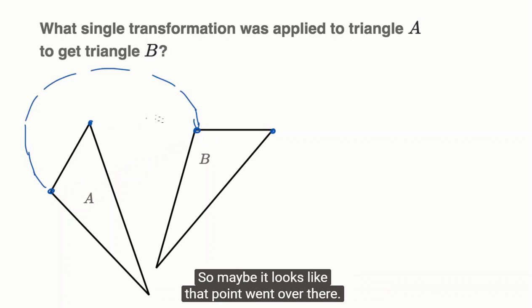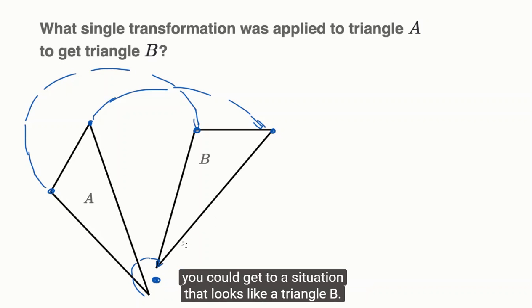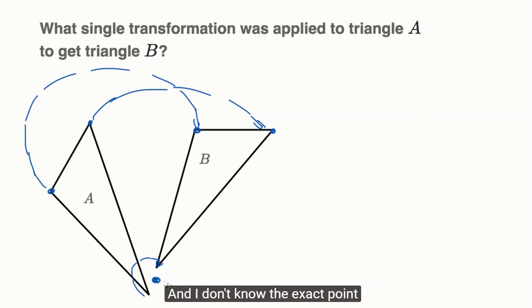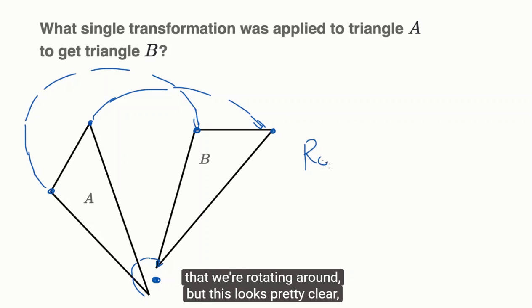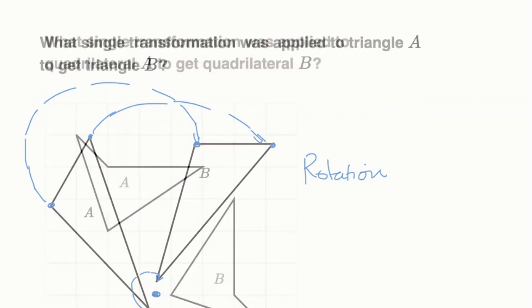So maybe it looks like that point went over there, that point went over there, this point went over here. And so we could be rotating around some point right about here. And if you rotate around that point, you could get to a situation that looks like triangle B. And I don't know the exact point that we're rotating around, but this looks pretty clear, like a rotation. Let's do another example.